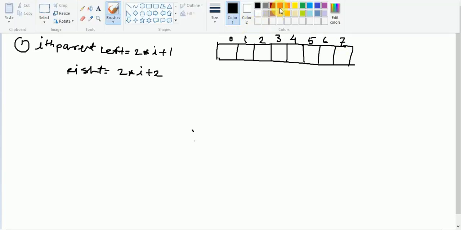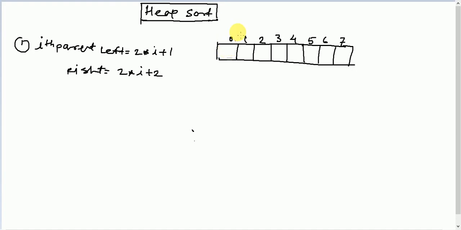Here we'll put some values, something like 20, 45, 1, 42, 10, 6, 16 and 8.